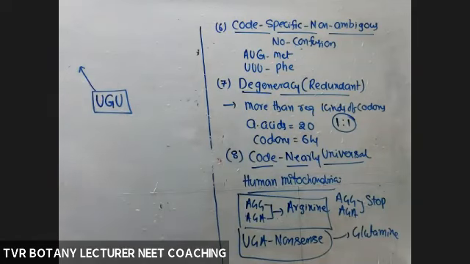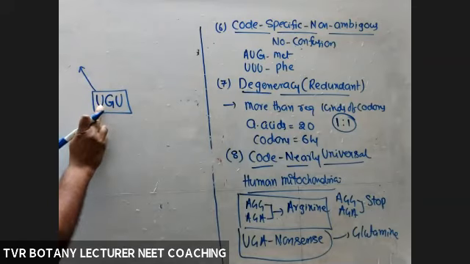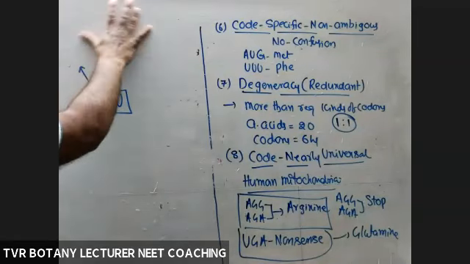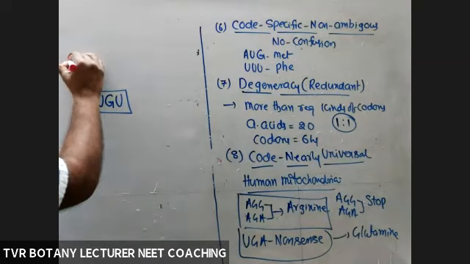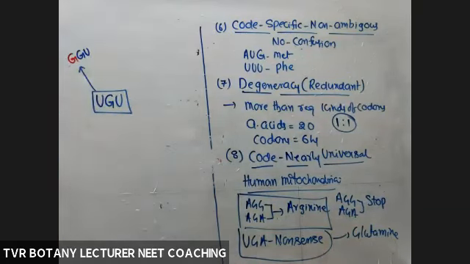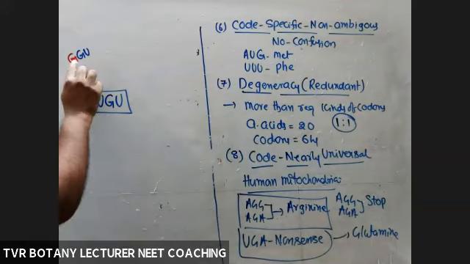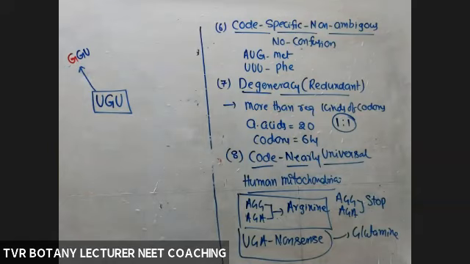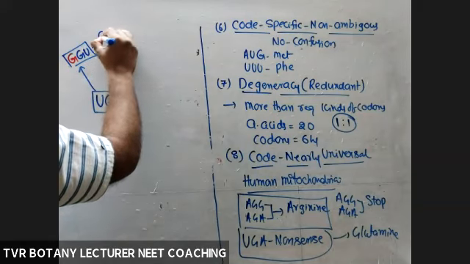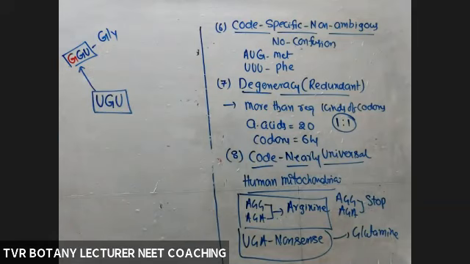Instead of UGU, replace uracil with guanine, keeping the remaining two as they are: GGU. The reading frame is changed. And this one codes for glycine.